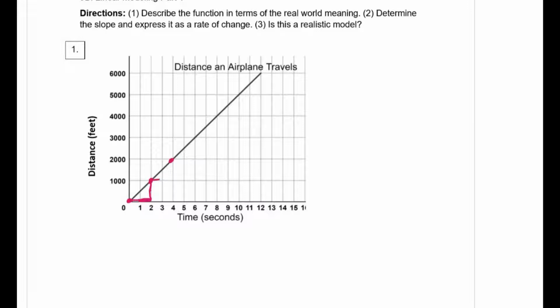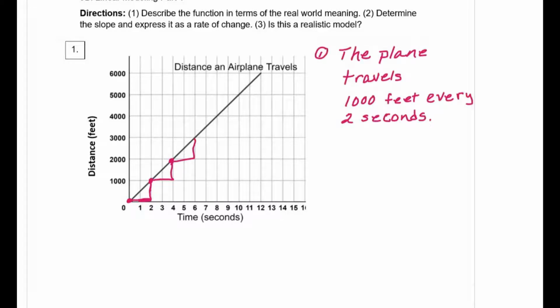We go over another 2 seconds and up another 1,000 feet. And I can keep going over 2 seconds, up 1,000 feet. So the plane is traveling 1,000 feet every 2 seconds.